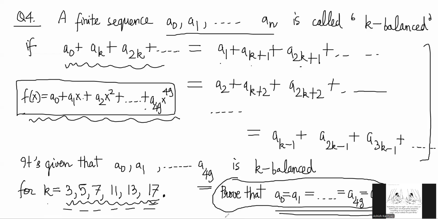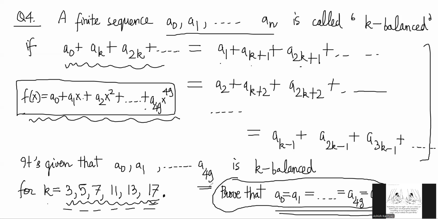But it is going to be difficult to manipulate all those equations to prove that A0, A1 and all are 0. It will take a lot of effort to try to prove it just by the definition. Are you getting what I'm saying right now? Yes. If I just work with the conditions of being K-balanced, it is going to be difficult to show that all the coefficients are 0.